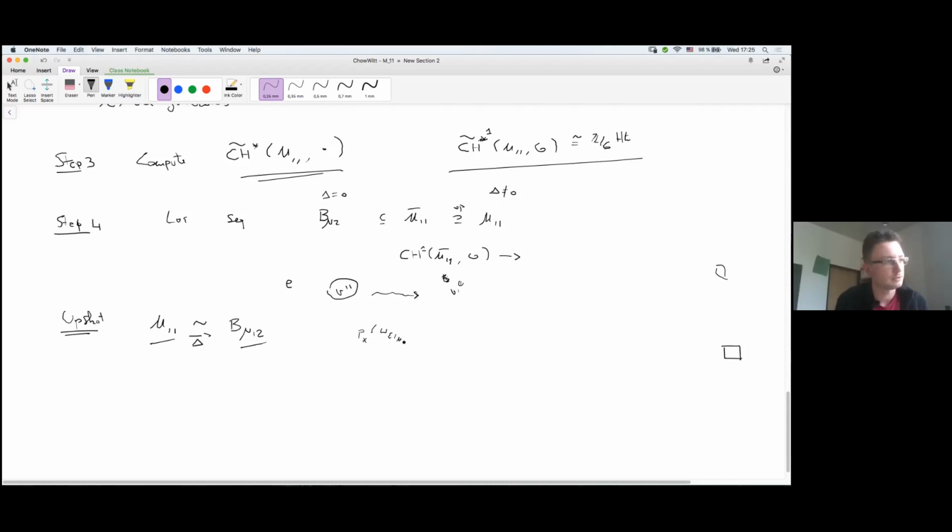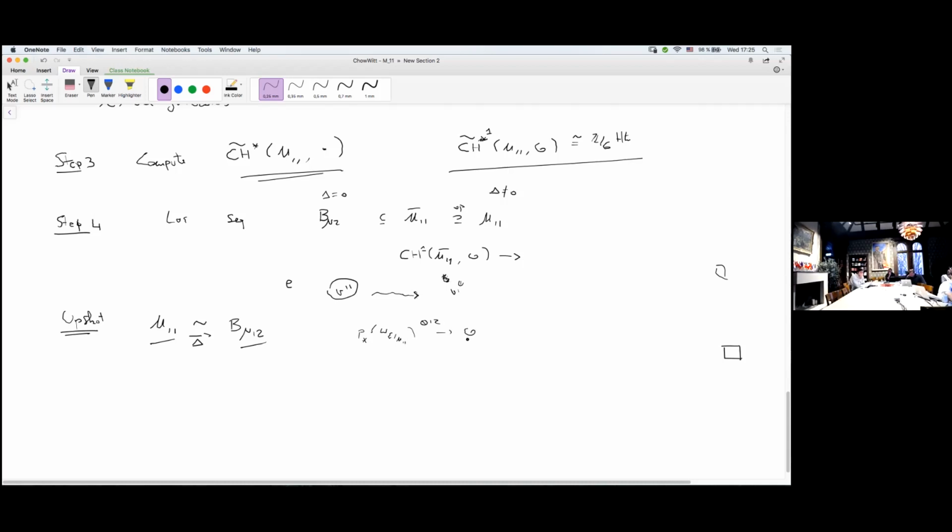This is a line bundle on M11, and the discriminant of the elliptic curve, said in a fancy way, is a trivialization of the 12th power. Okay, and giving a map to BMU12 means exactly giving a line bundle with a trivialization of the 12th power.